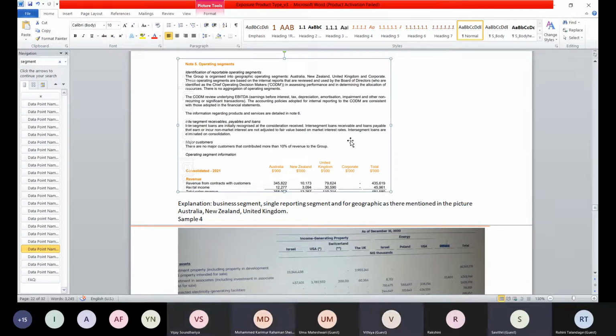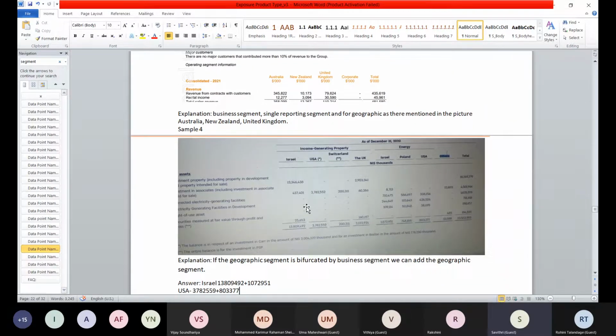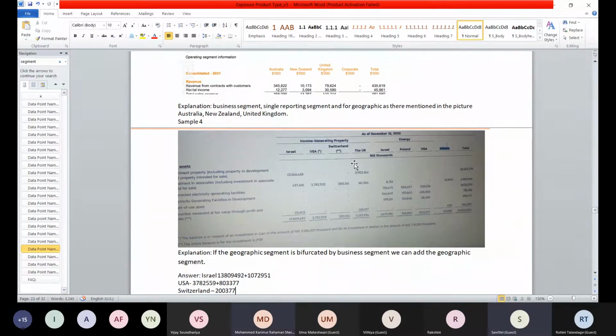In the next example, we have the locations Israel, USA, Switzerland, UK. And we also have another set: Israel, Poland, USA, and others. The first four locations are where they have income generated through property, and the next four are about income generated from their energy business.